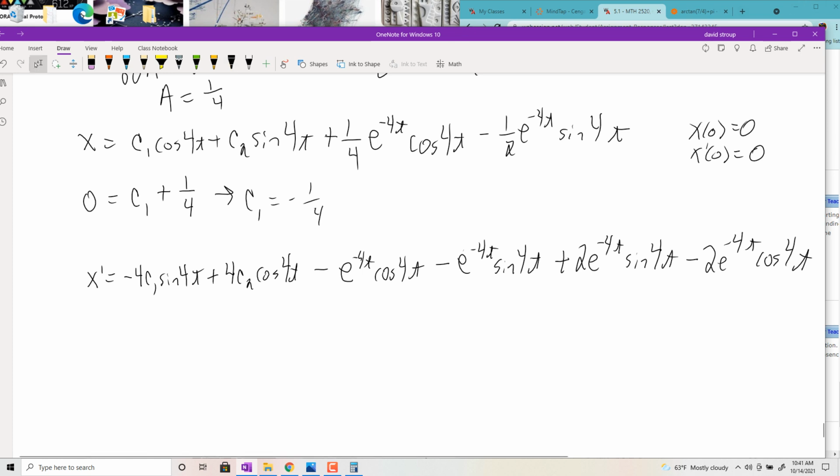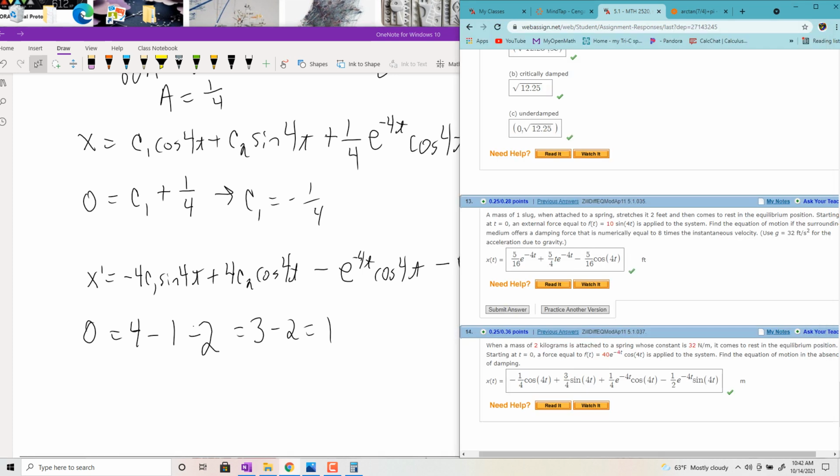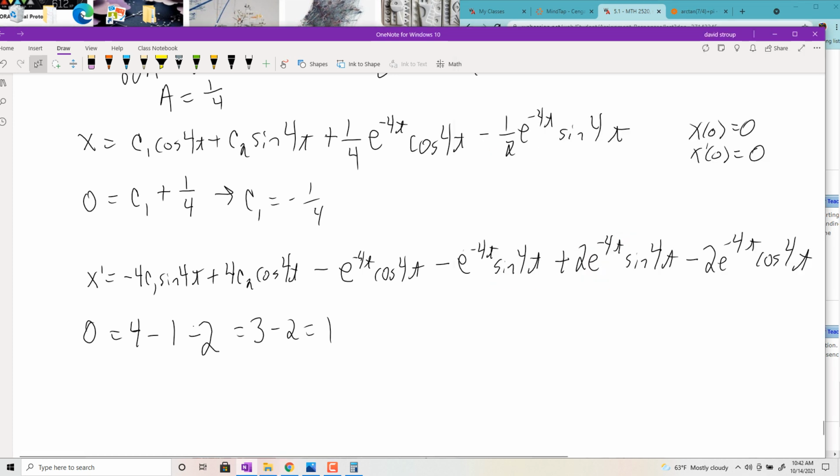Let's see if I'm on the right track. Yeah. And then plug in 0, 0 on the other guy. 0 is negative, well, just 4. And then minus, that will just be 1. And then minus 2. So 4 minus 1 is 3, minus 2 is just 1. There's no way that's right. Yeah.